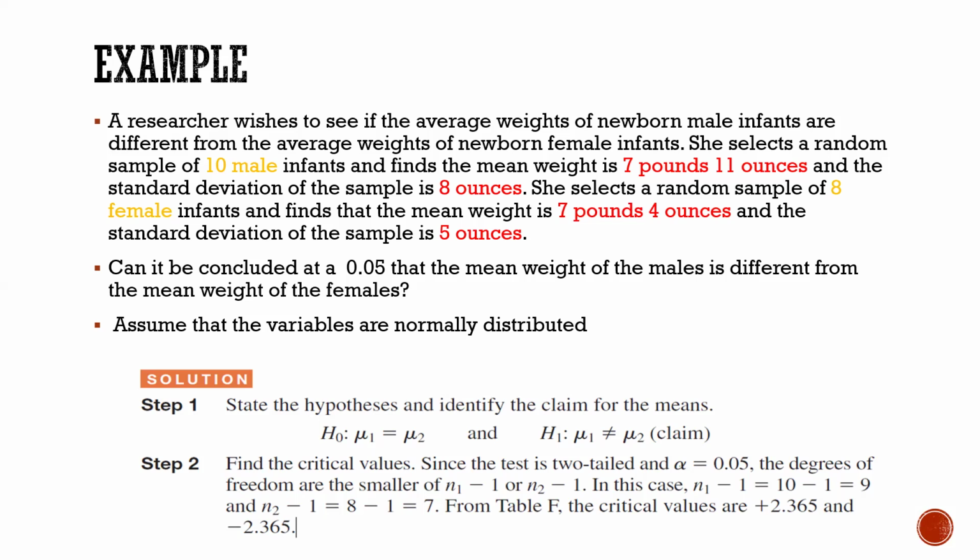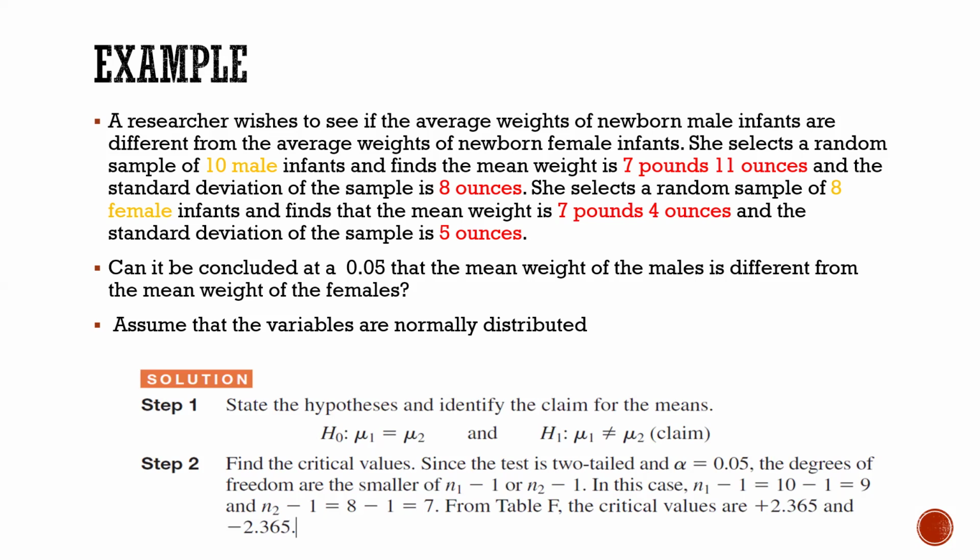The first step again is that we will state the hypotheses and identify the claim. In the null hypothesis, we will state that there is no difference, and in the alternative hypothesis, we will claim that there is a difference. In step 2, we will find the critical value. Since the test is two-tailed, at alpha 0.05, the degrees of freedom are calculated by subtracting n1 minus 1. n1 is 10, so 10 minus 1 will be 9, and n2 is 8, so 8 minus 1 will be 7.